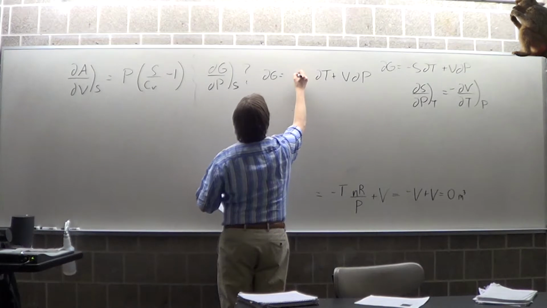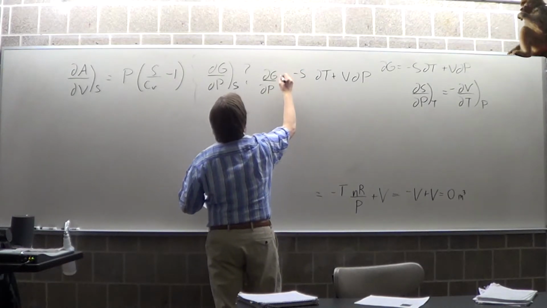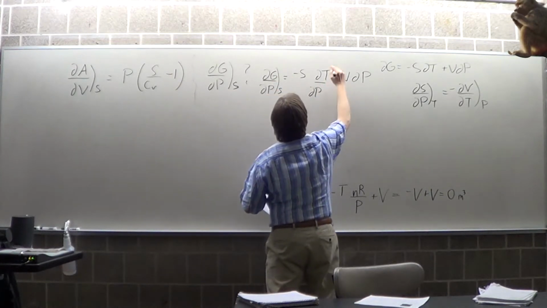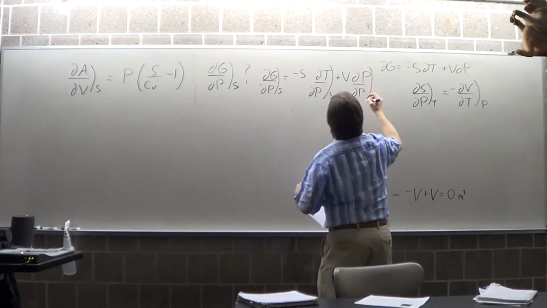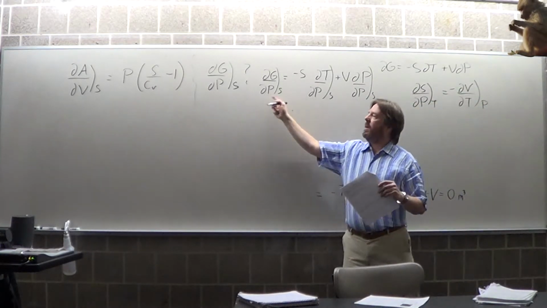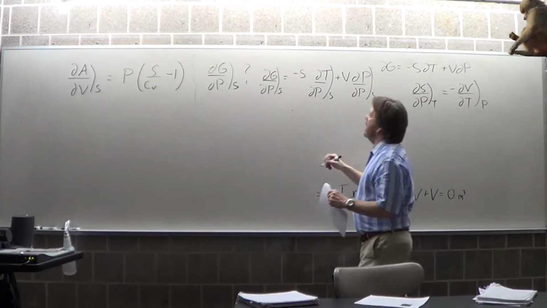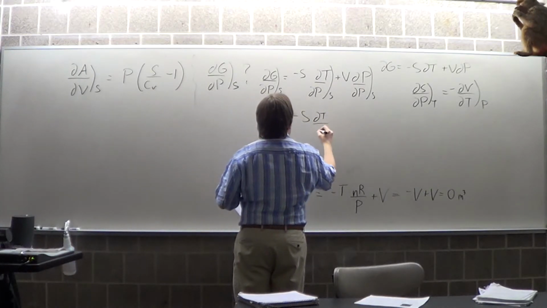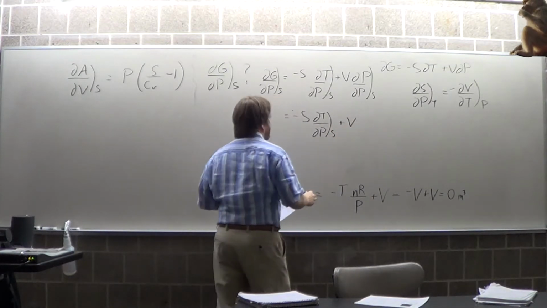So remember, divide everything by dP at constant S. Again, I knew that it would be the easier sort because I'm taking a derivative with a natural variable. So this guy ends up being easy: minus S dT/dP at constant S, plus V.